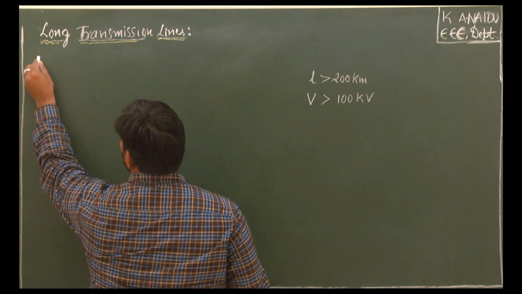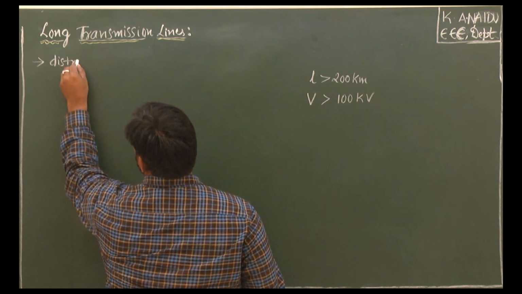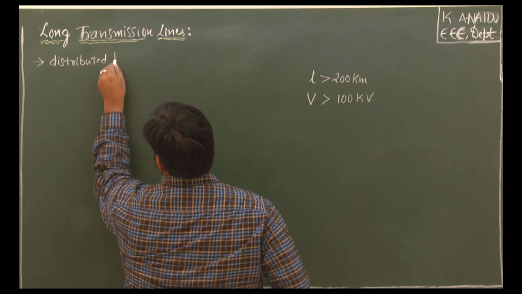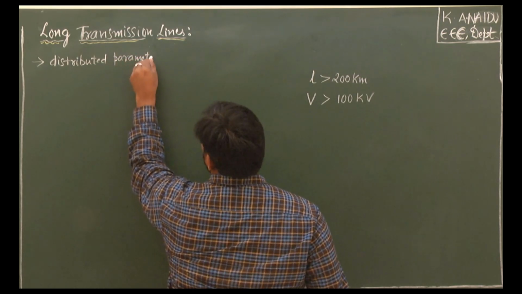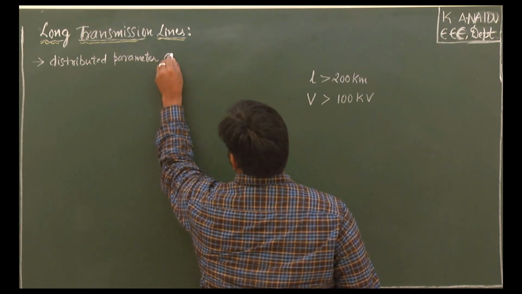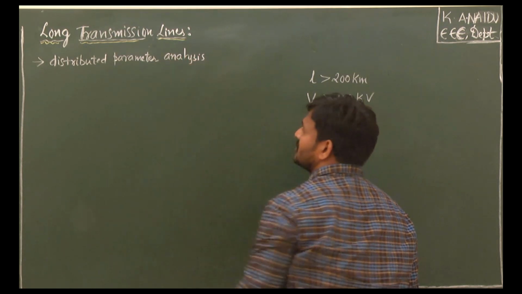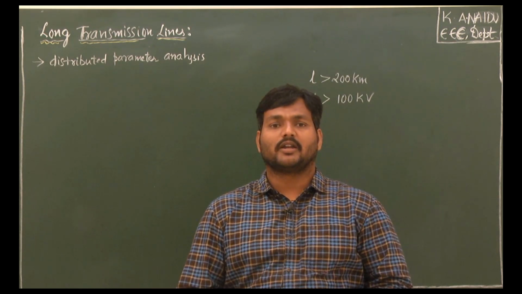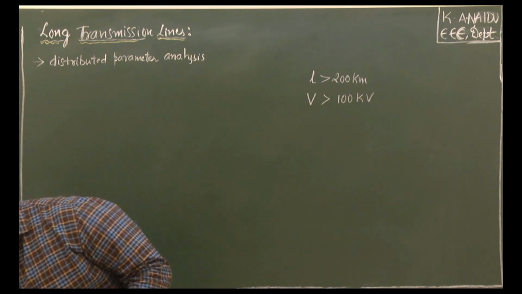So here we take the distributed parameter analysis. That means the components like inductance, resistance and capacitance are distributed throughout the length of the line.